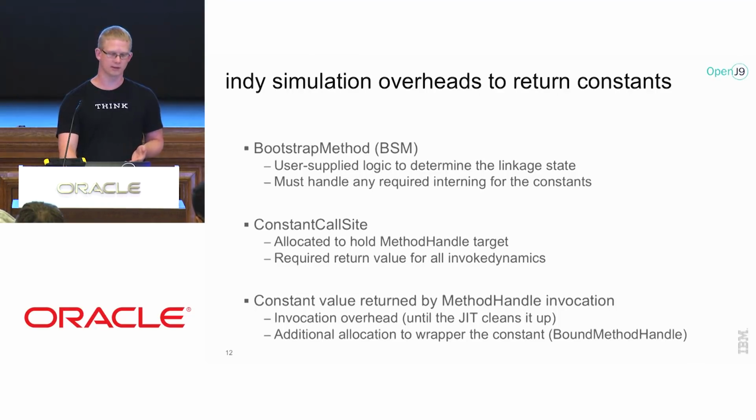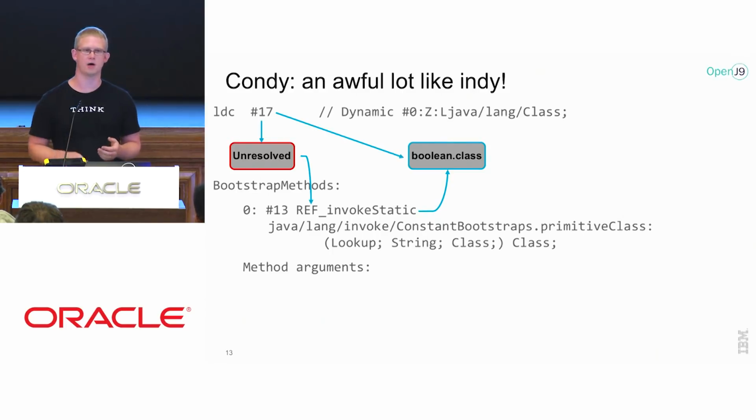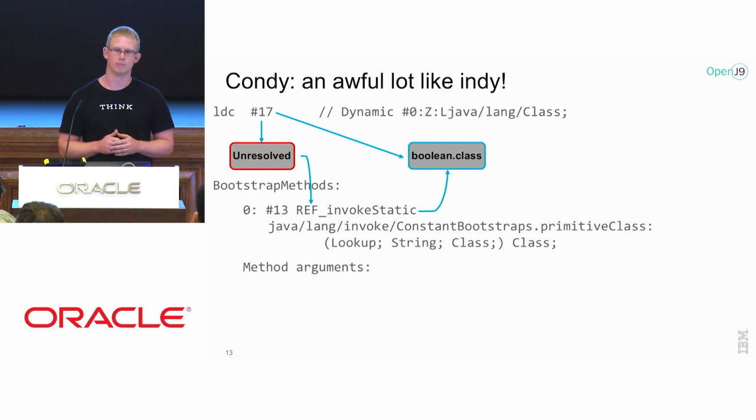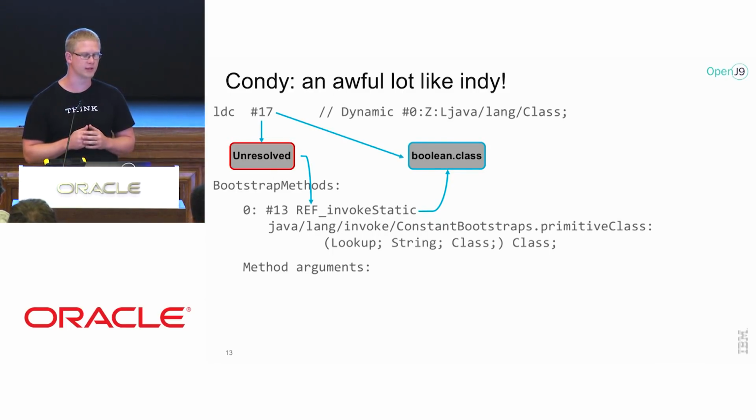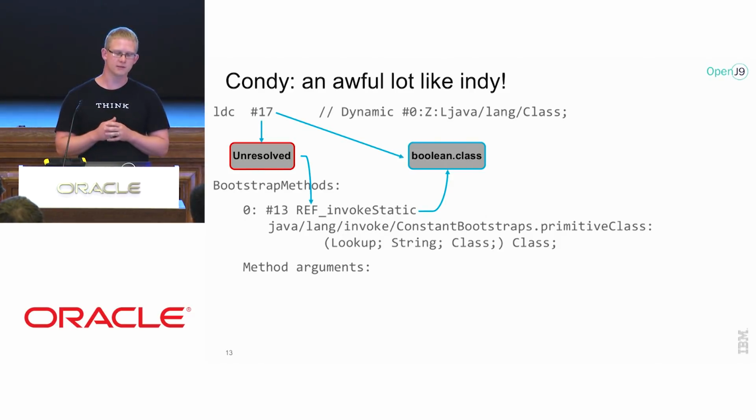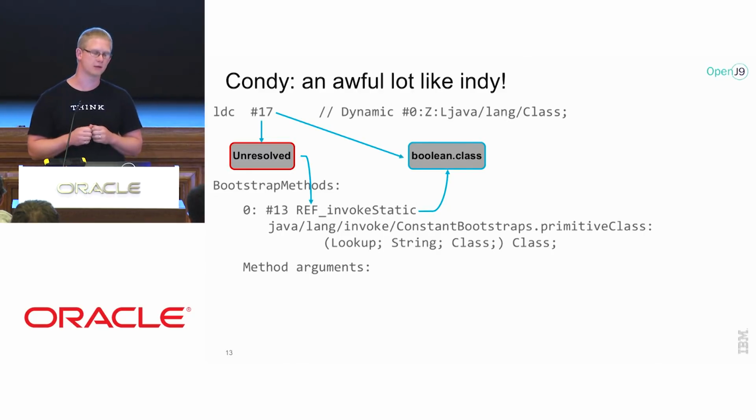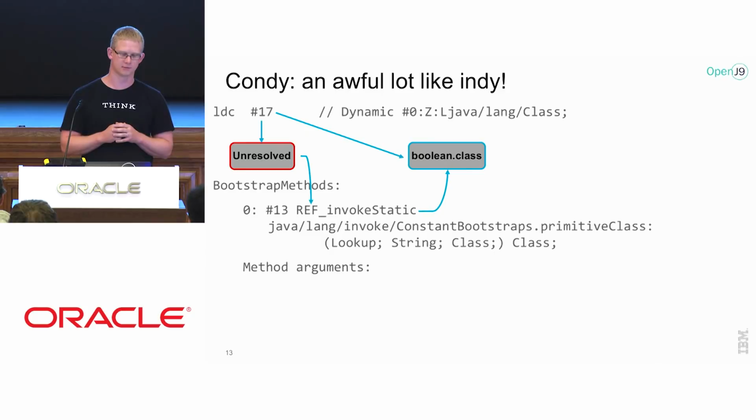So what does Condy look like? Well, it looks an awful lot like Indy. This is an example using LDC of a constant dynamic, and this is saying I'm going to use Bootstrap method 0, and the name of my constant is Z in this particular case, and it's going to return a class. And so, it looks exactly like the Indy did.